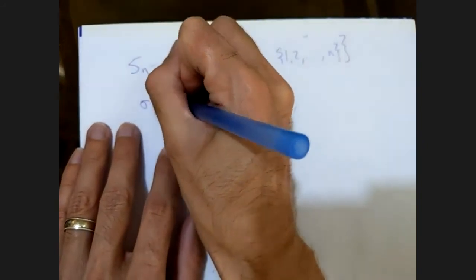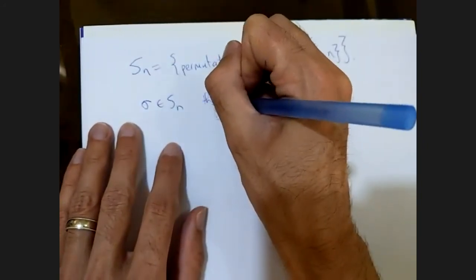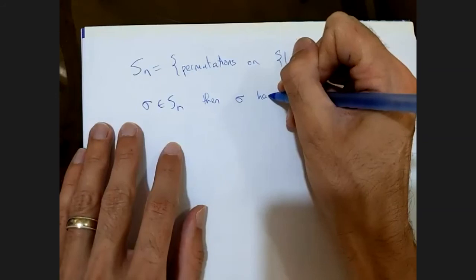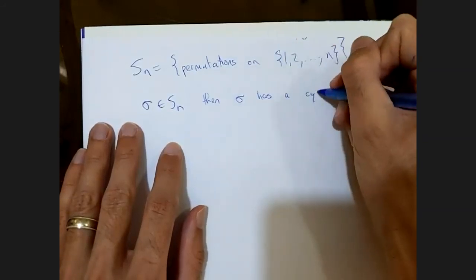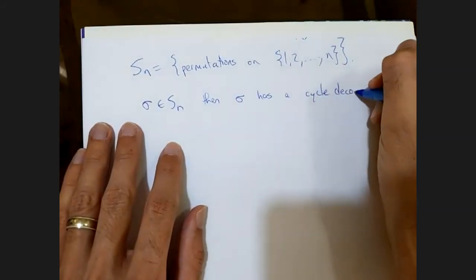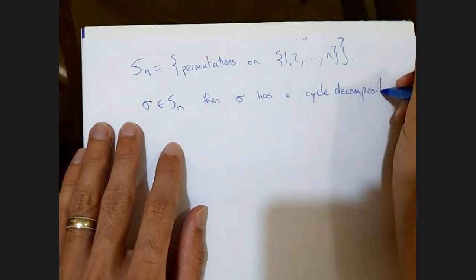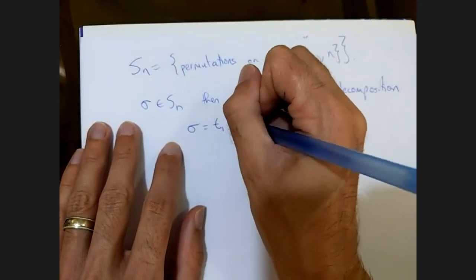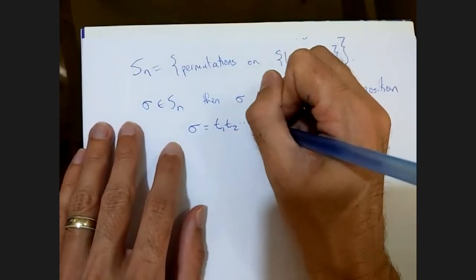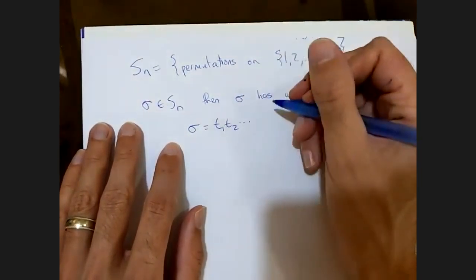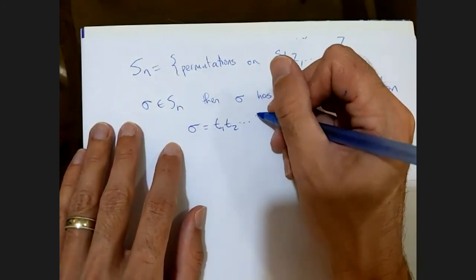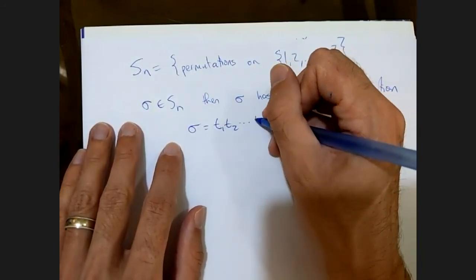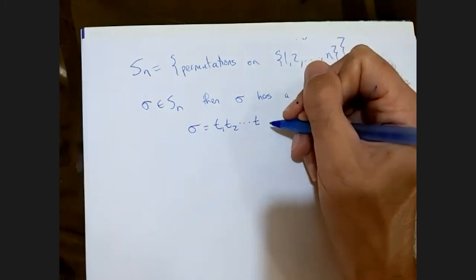If sigma is in S_n, then sigma has a cycle decomposition. And sigma can be written as a product of transpositions, but the transpositions are not unique or not disjoint, and the way of writing it as a product is not unique.